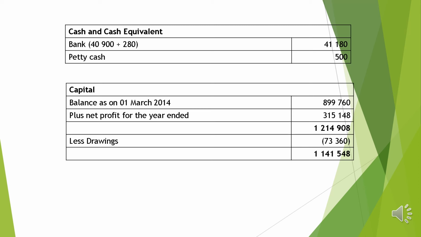For your bank account, firstly, we take the balance from the pre-adjustment trial balance, which is 40,900. It's a given amount. Then we add what? The bad debt recovered. Remember, it's an income account. Therefore, we add it because our bank balance is not updated with regards to this amount of money.